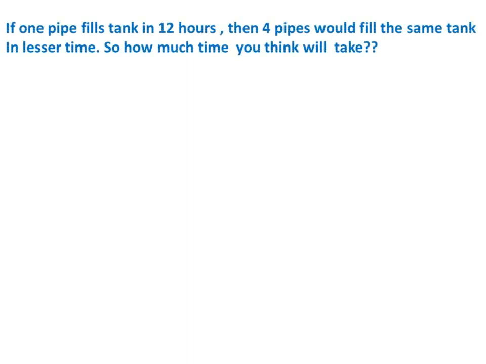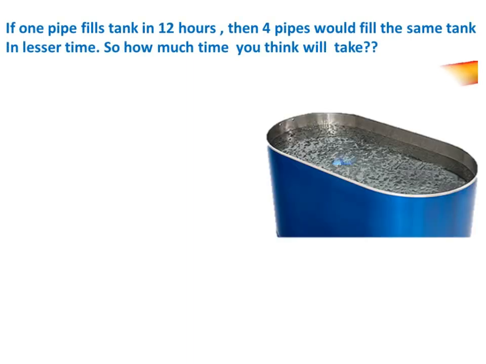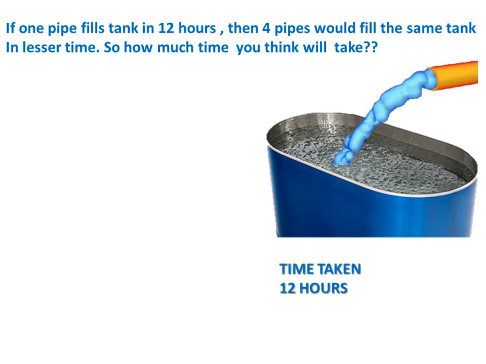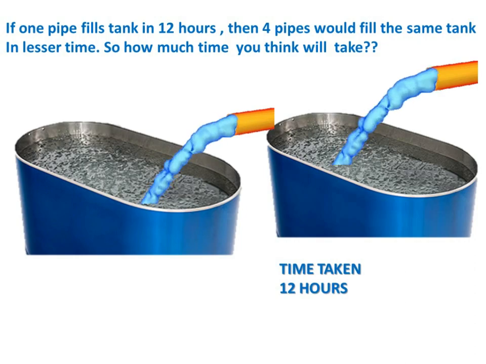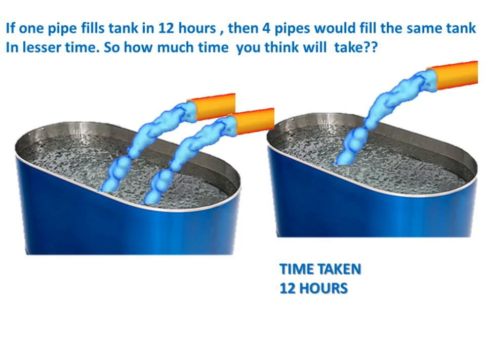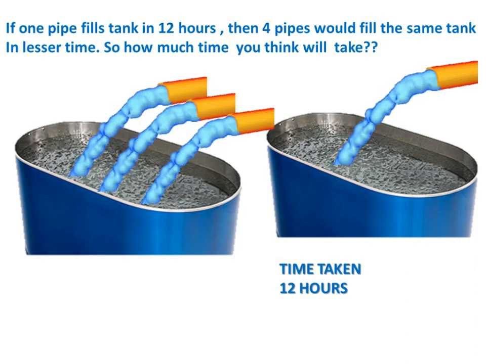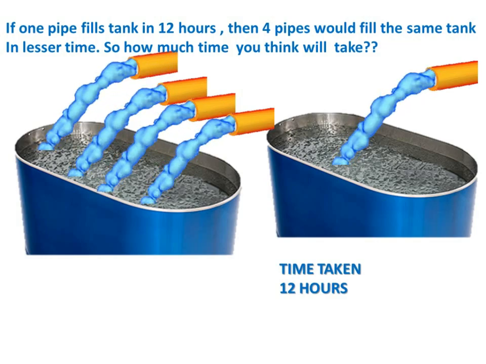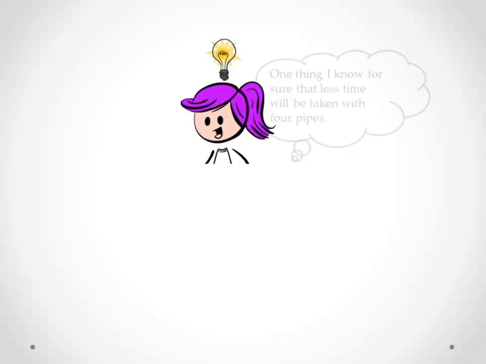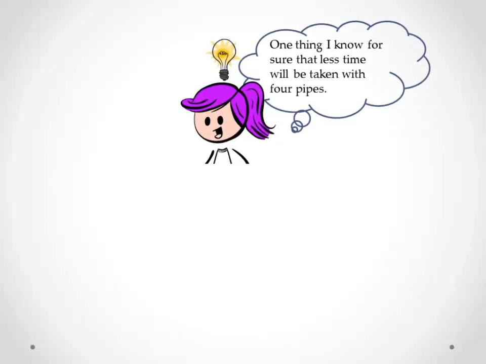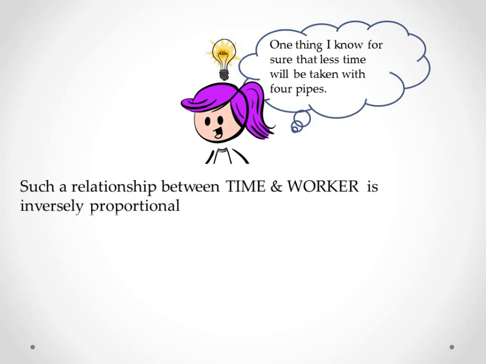There's one more example. If one pipe fills a tank in 12 hours, then 4 pipes would fill the same tank in lesser time, of course. How much time do you think it will take? One thing you know for sure is that less time will be taken with 4 pipes.